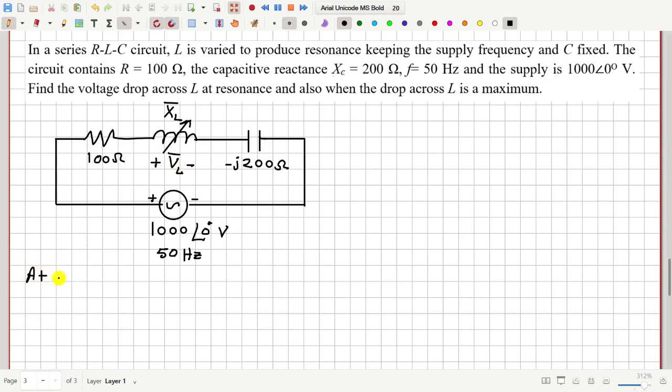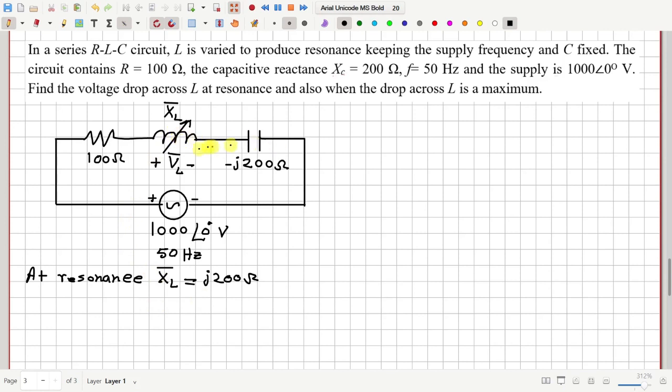Now at resonance, we know that the impedance of this inductor should be equal and opposite to the impedance of this capacitor. So XL therefore should be equal to J200 ohm at resonance.